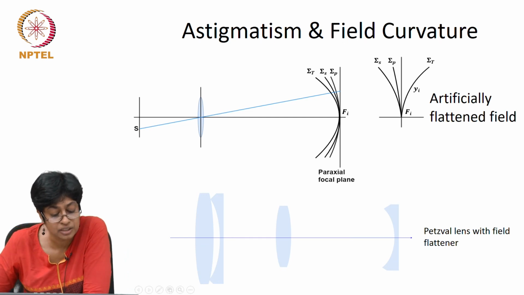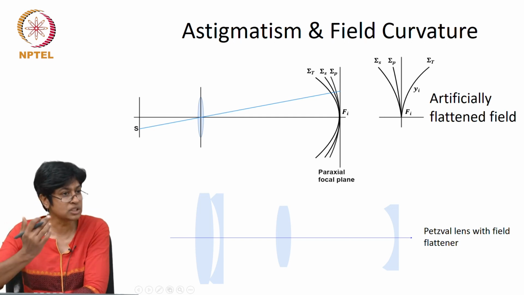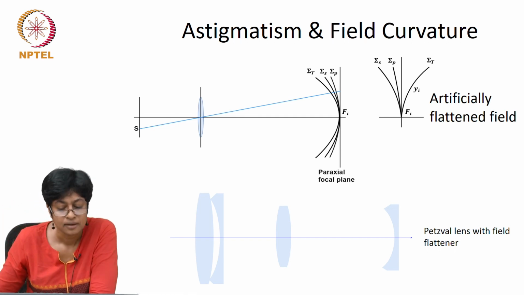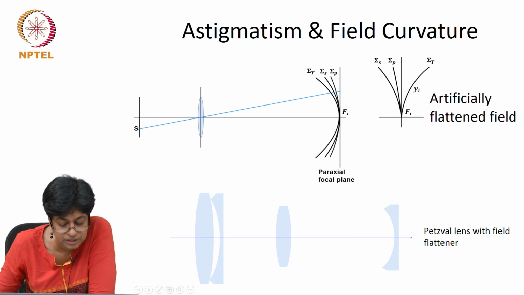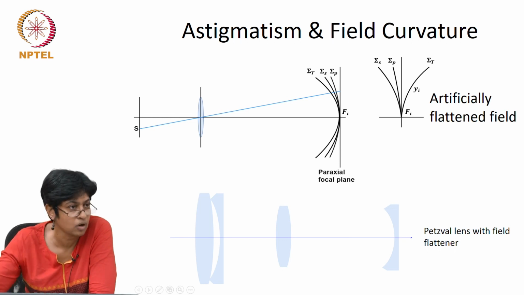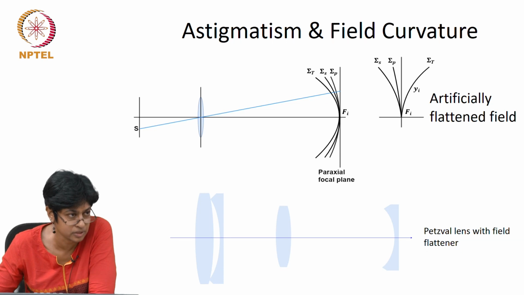For a convex lens, the tangential meridional rays come closer to the lens, and they're roughly 3 times away from the paraxial plane as the sagittal rays are. So I first have all the tangential rays focused here, I have all the sagittal rays focused, and this is the Petzval curvature plane. If it's an on-axis point, these three will all merge and become one curved surface.